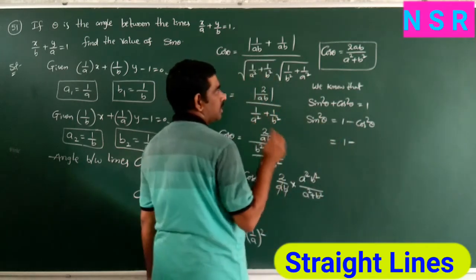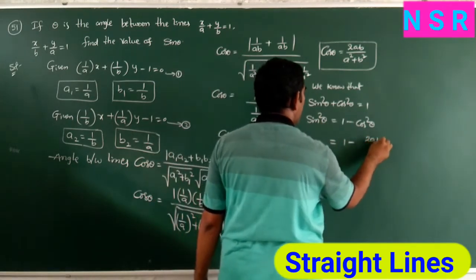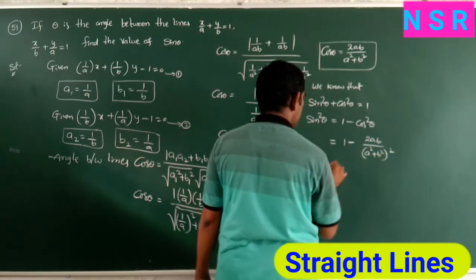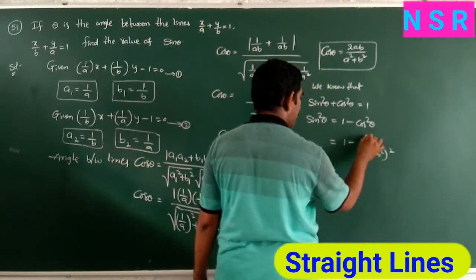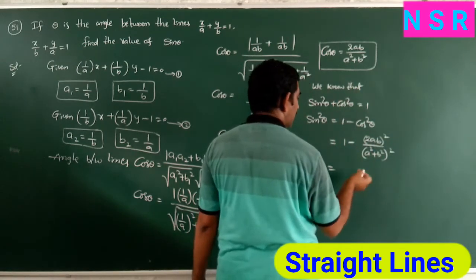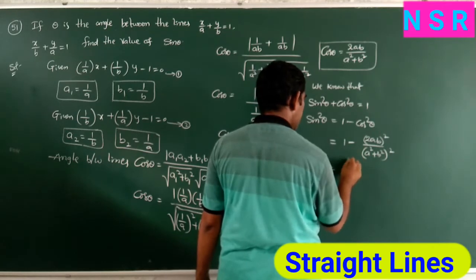So 1 minus cos square theta means 1 minus 2ab by a square plus b square, whole square. This is also squared because of cos square.